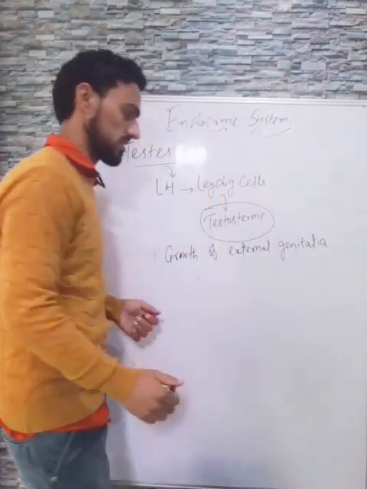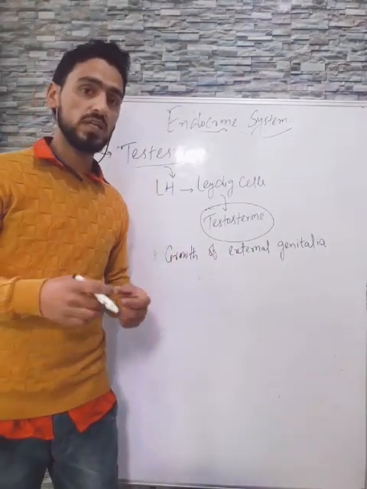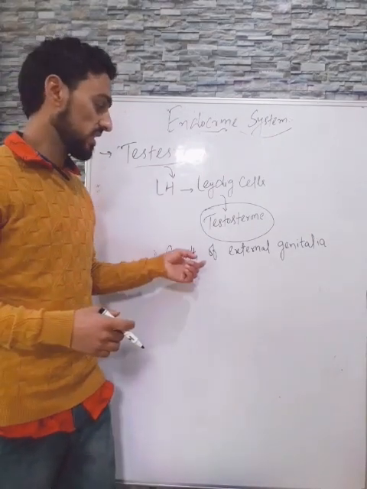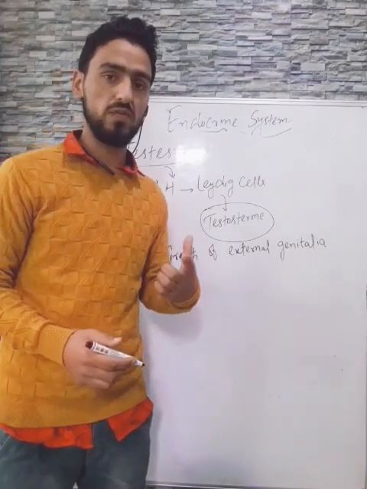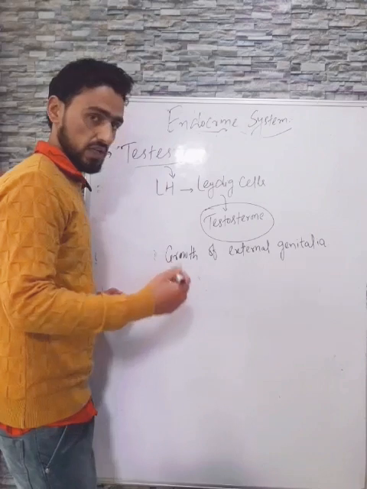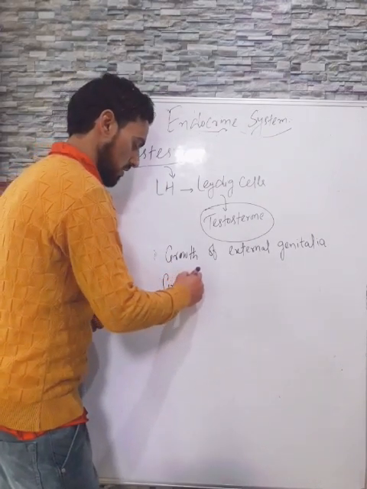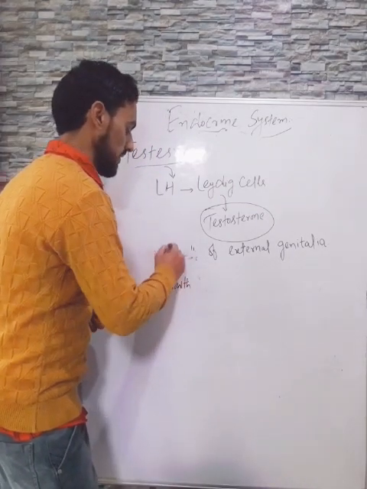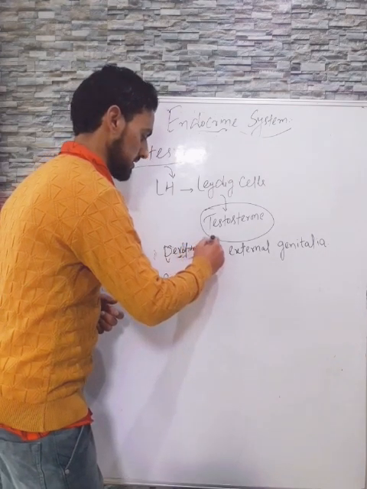They help in the formation and development of external genitalia in the developing male fetus, the male baby. And in the adult ones, it helps in the growth of the external genitalia.